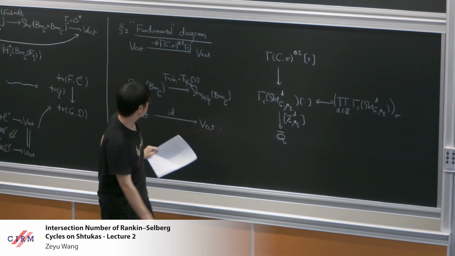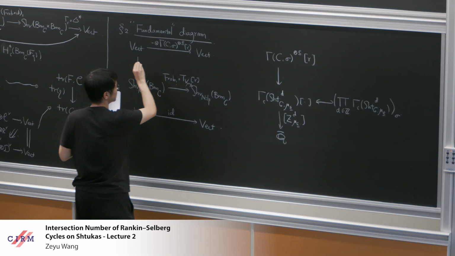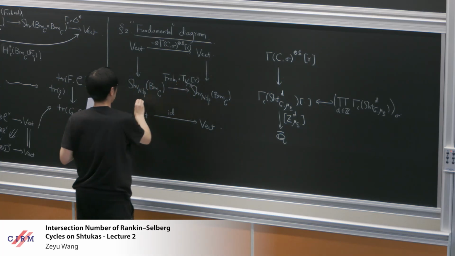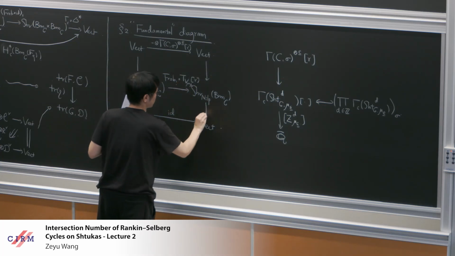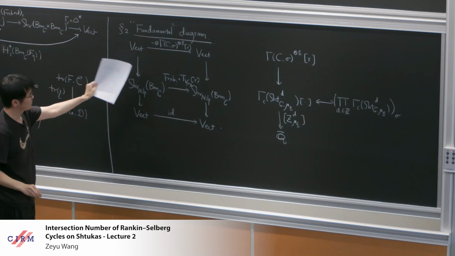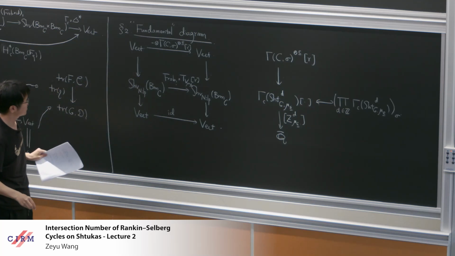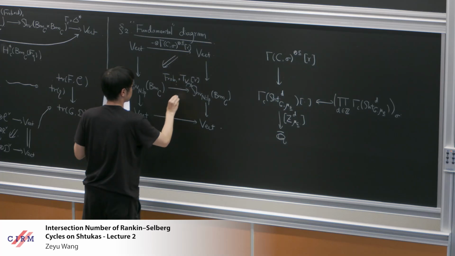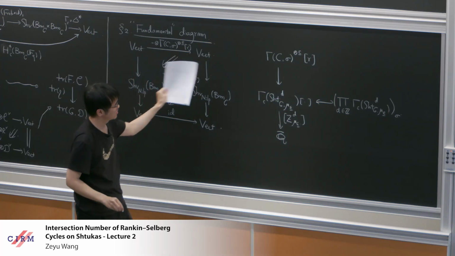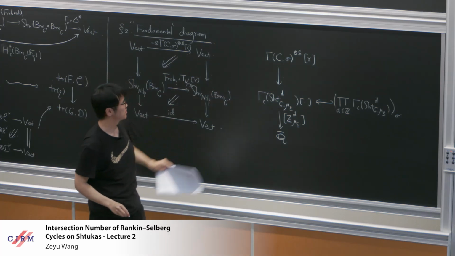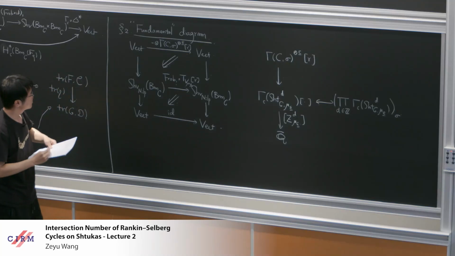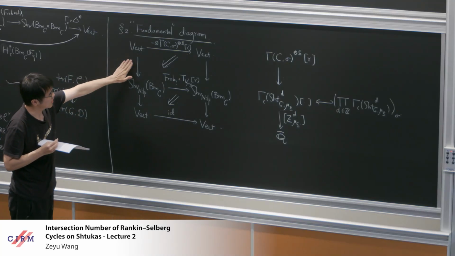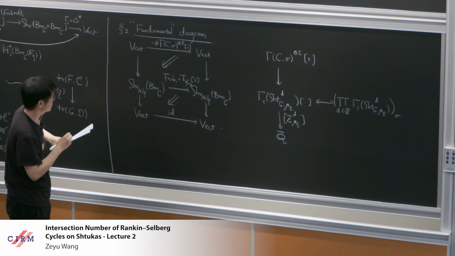So to understand these two maps, you only need to understand two functors, like this. And you want to construct some natural transformations such that it traces these two maps. Now let's first see what kind of functors you should put here.